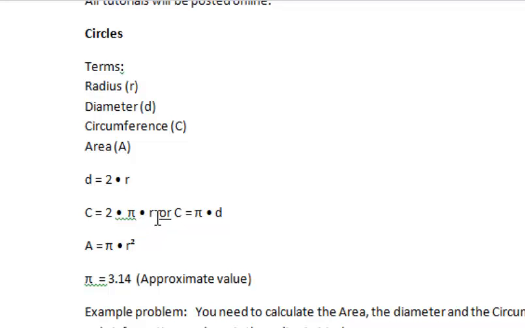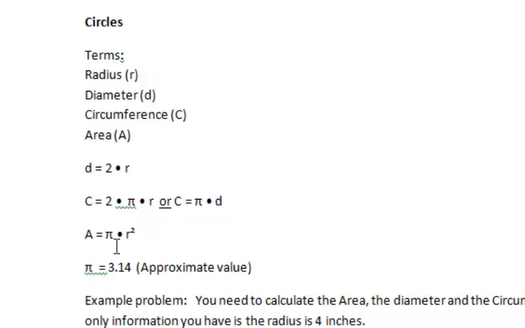Or you can simplify that if you know the diameter, because 2 times radius is equal to diameter, so you can just do circumference is equal to the value of pi times the diameter. And then the area is equal to the value of pi times the radius squared, or radius times radius.